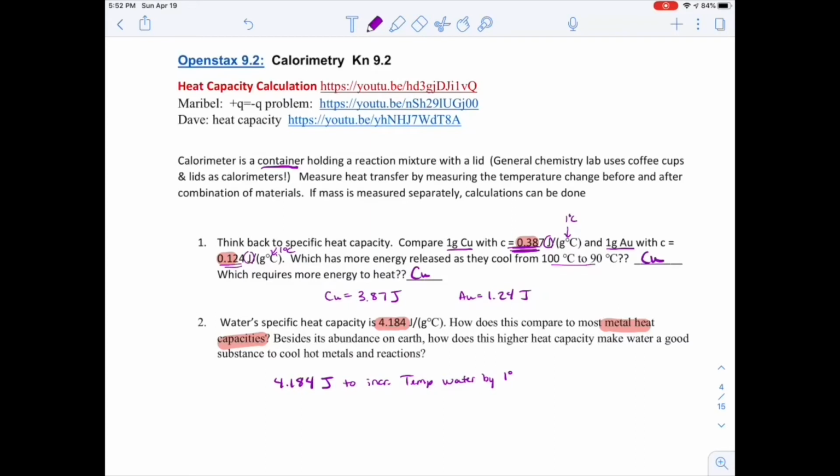We just saw that copper will release only 3.87 joules as its temperature decreases by 10 degrees. It still will not have released enough energy to raise the temperature of the water by 1 degree. So metals will decrease in temperature by 10-12 degrees before enough energy has been added to the water to increase the water's temperature by 1 degree.